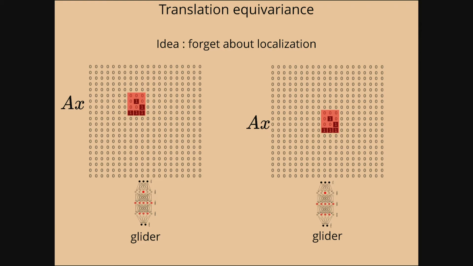And then you see that at one point, Ax in this image and Ax in the other will have exactly the same value, because you have 9 weights, and you multiply them with 5 ones, and 5 ones at the same position. So at the end, your network will understand that both of these images are the same without having to care about localization, because you took care of that.